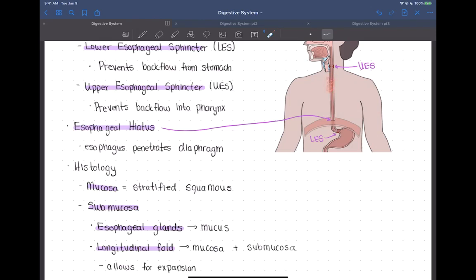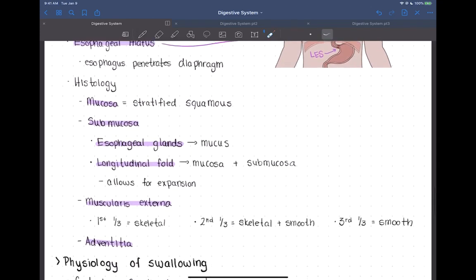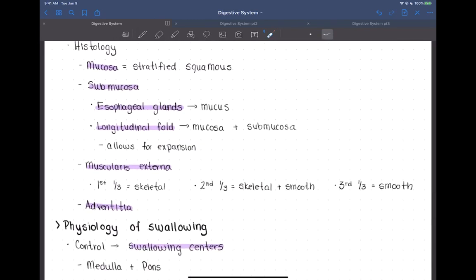They're there so that as you swallow a big bolus of food, your esophagus can expand. So they allow for expansion of the esophagus. Those would be folds of the mucosa and submucosa that run lengthwise down the esophagus.